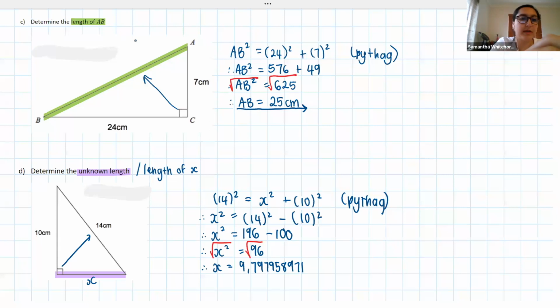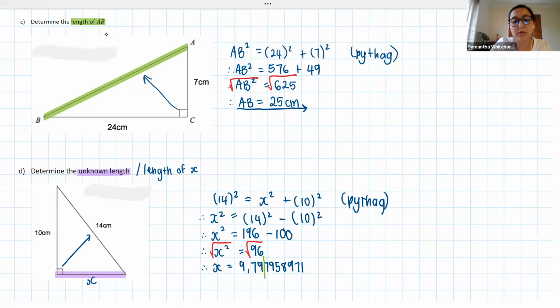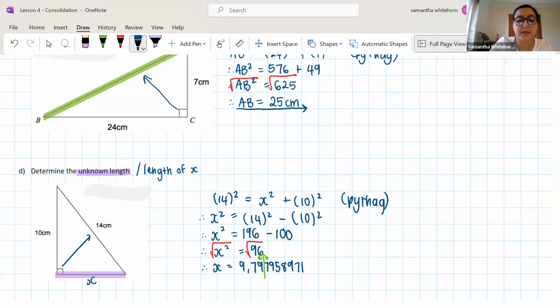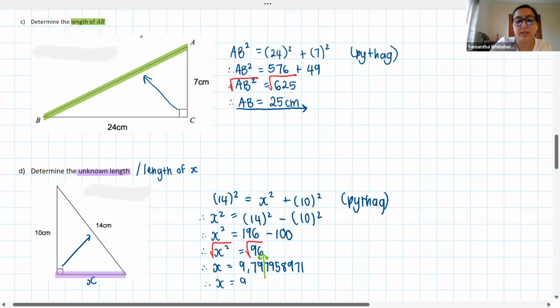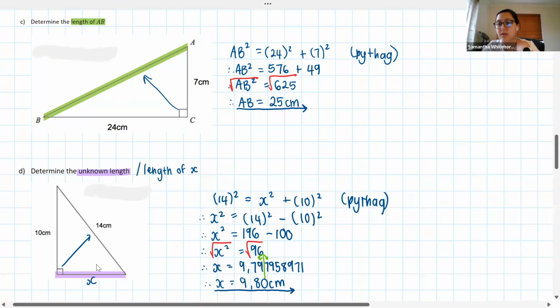Right, 2 decimal places like I asked. So I want to stop after the second decimal. The 7 rounds the 9 up to a 10, which rounds the 7 up to an 8. So technically 2 decimal places here is 9,80 centimeters. 2 decimal places means there must be 2 numbers after the comma. So even if that number is a 0, it should be there.